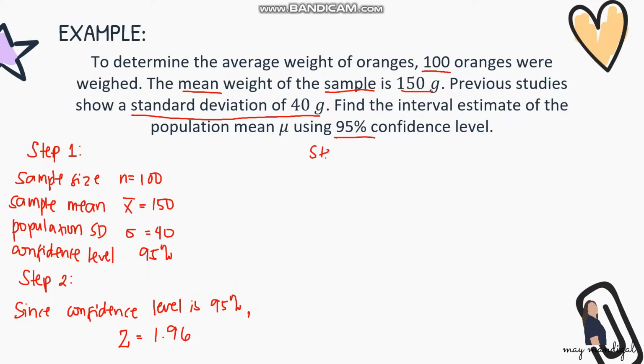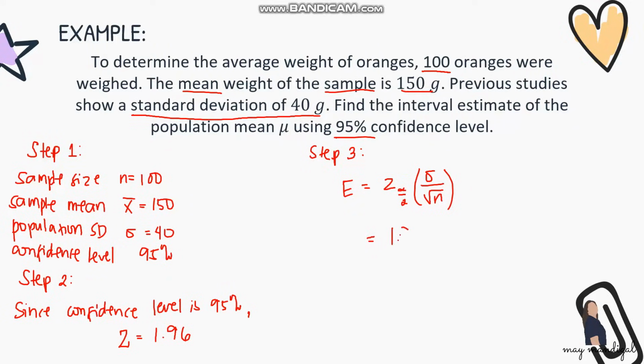Next, step number 3. For step number 3, we have to solve now for our margin of error. The formula for the margin of error: we have the critical value multiplied by the population standard deviation divided by the square root of our sample size. So you just have to substitute.